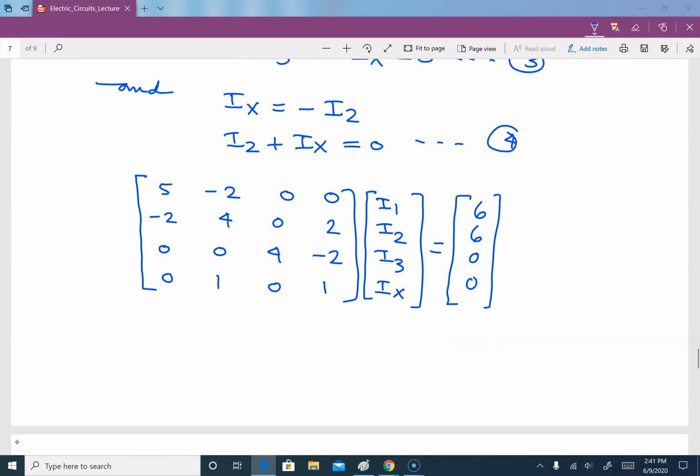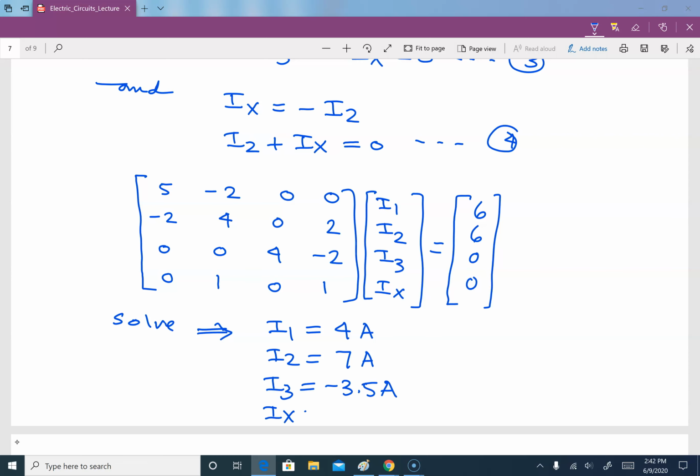So now when we solve this set of equations, we are going to get our I1 to be 4 ampere, our I2 to be 7 ampere, our I3 to be negative 3.5 ampere, and our Ix negative 7 ampere.